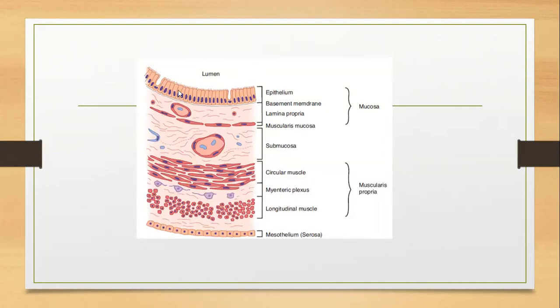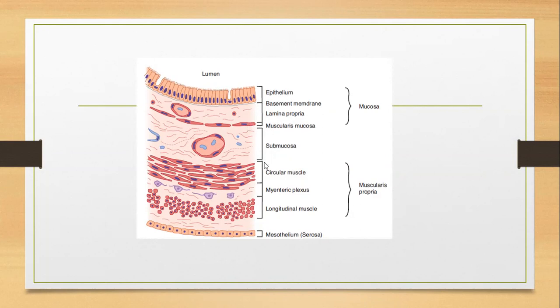Now, from the epithelium to the muscularis mucosa, this is the single layer of circular muscles. We have now, this will be the mucosa, epithelium plus this connective tissue. The connective tissue between the epithelium and the muscularis mucosa represents the lamina propria. So all that will make up the mucosa.